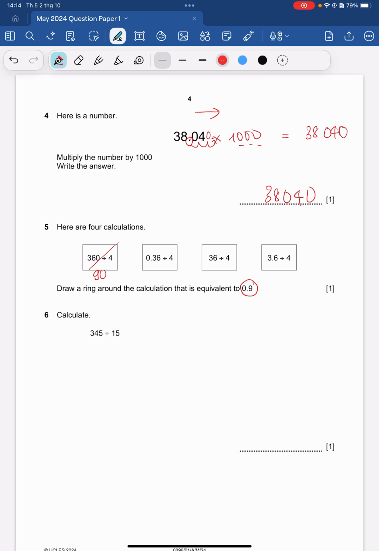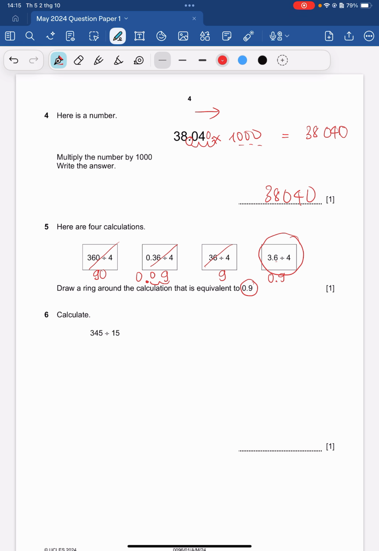You can take 36 divided by 4 is 9, and we have 2 digits after the point, so the answer will be 0.09. And 36 divided by 4, of course, is 9. So make sure the last one will be 0.9. You can take 36 divided by 4 is 9, but we have 1 digit after the point, so we move 1 digit to the left. Okay.